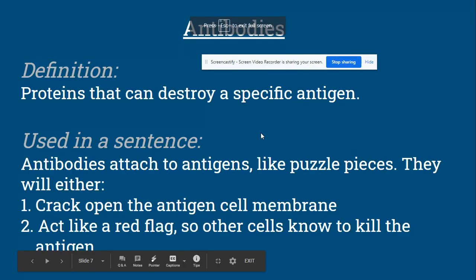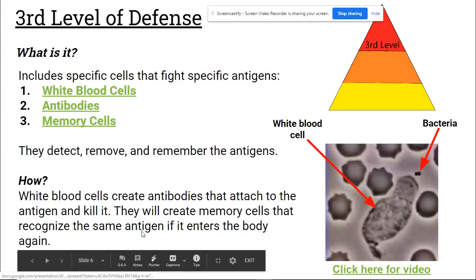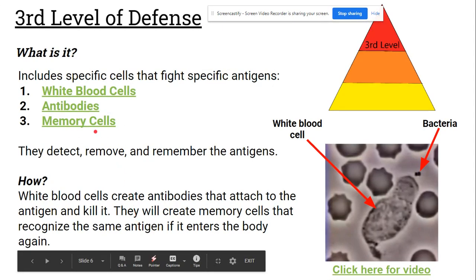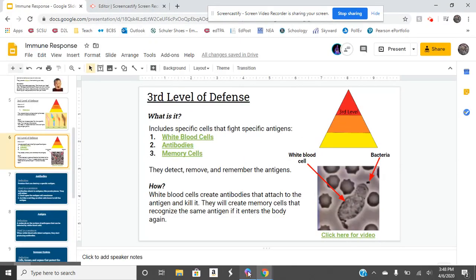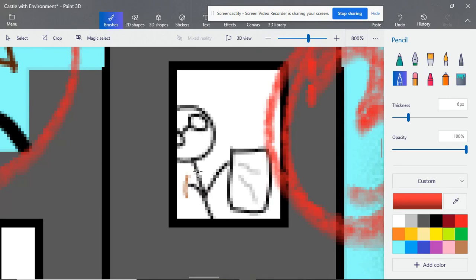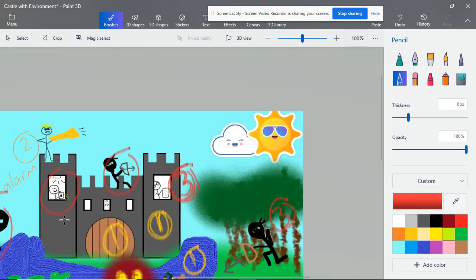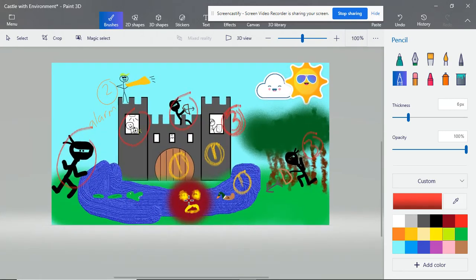Okay, so next we have our memory cells. Our memory cells, you remember, are these characters in our castle that are recording every movement of this pathogen, of this invader.